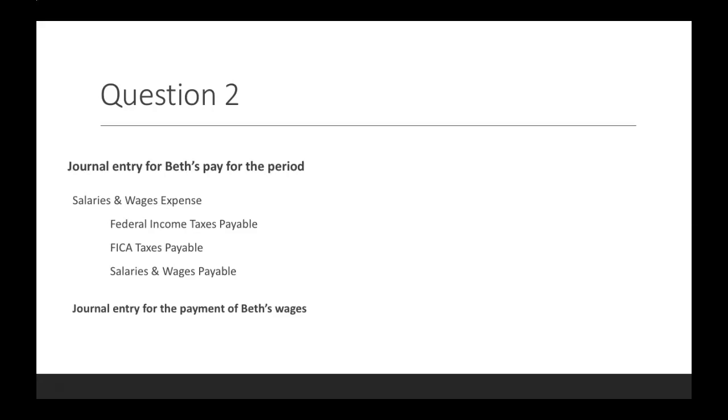Now, how do we figure out the numbers here? Well, we already know our federal income tax and our FICA tax. Right? That's $95 and $58.14. Now, the other numbers that we have found have been our gross earnings and our net pay. Remember, your net pay goes under payable.